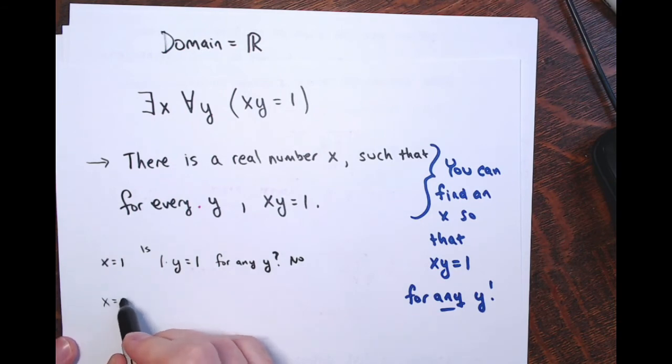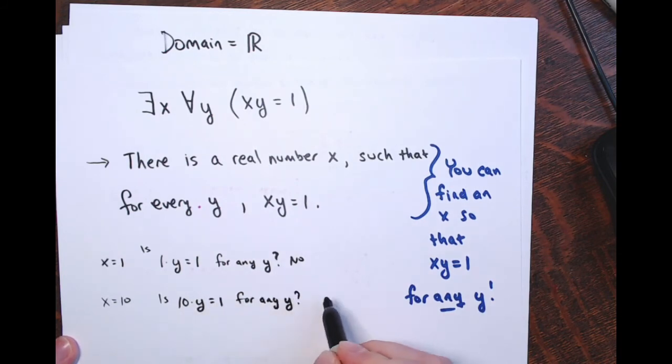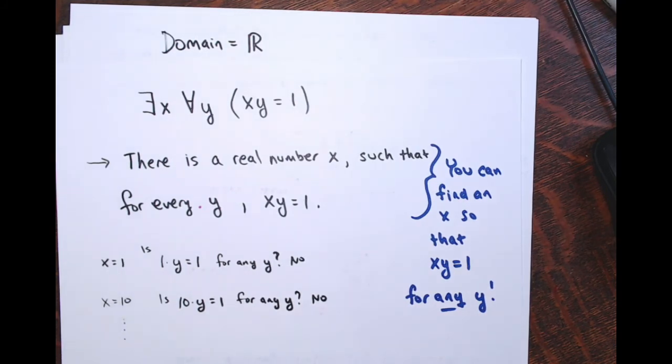How about when x equals 10? Is 10 times y equal to 1 for any y? No. You could play around with this all day long. x times y is equal to 1 only when y equals 1 divided by x, and x is not 0, of course.